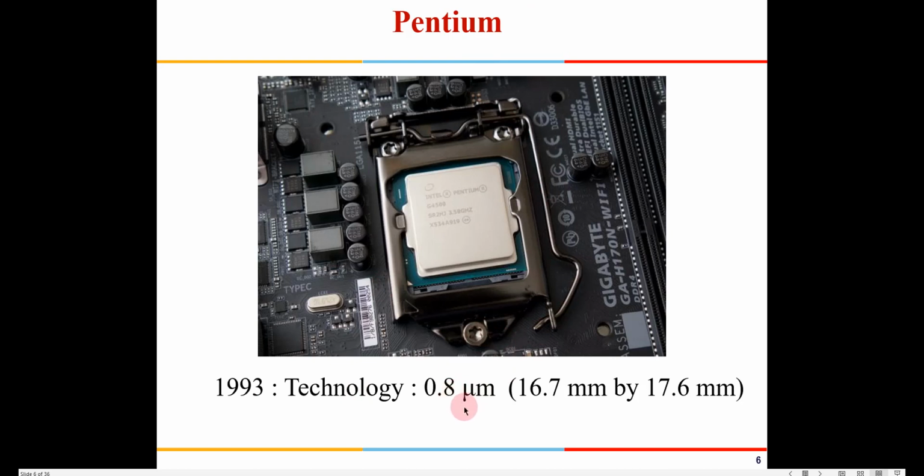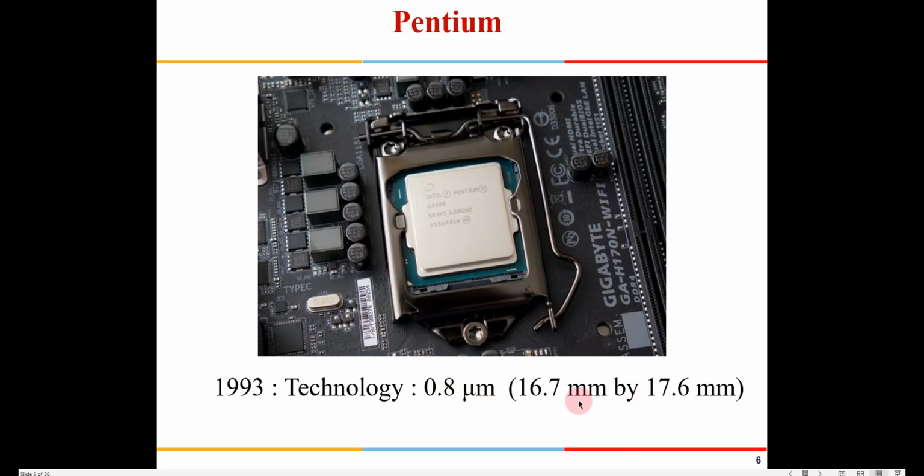So we started off from micrometers and started coming below a micrometer into the nanometer range. When we say 800 nanometer or 0.8 micrometer technology, it means the channel length is 800 nanometers.